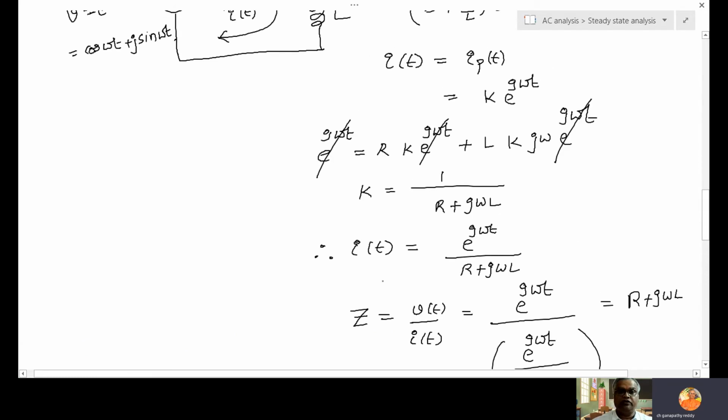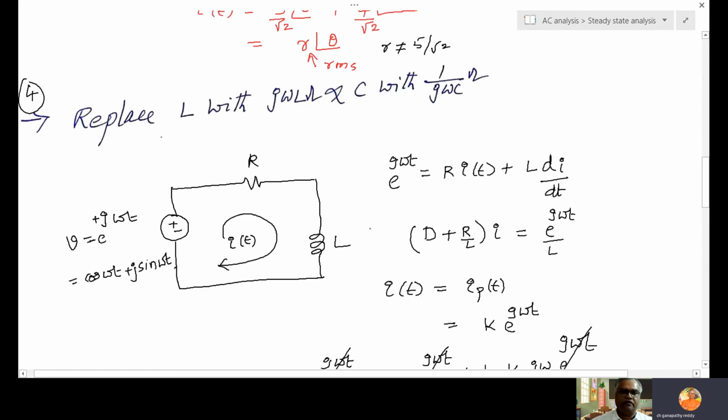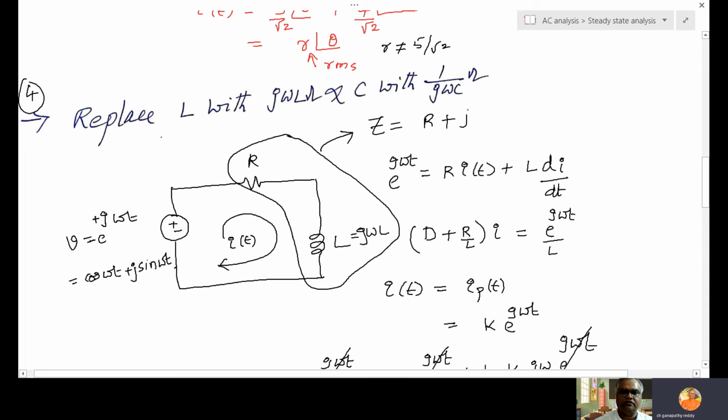So why I am doing this is the impedance. If I replace inductor with j omega L, what is the total impedance of the circuit? The total impedance of the circuit is simply R plus j omega L. Then current is nothing but voltage by impedance.